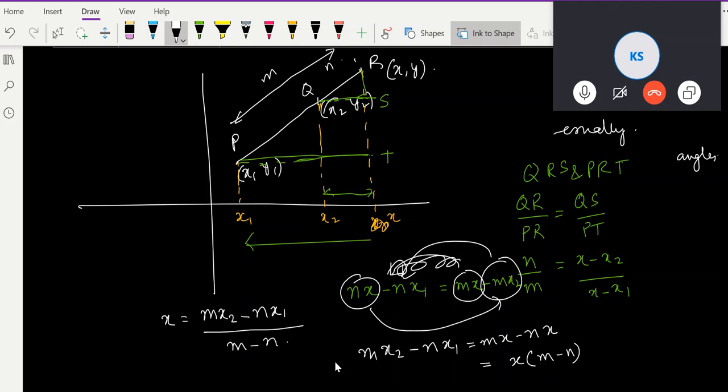So the second point, which is x2, will get multiplied by the distance of P to R. The coordinate of Q multiplied by the distance from P to R, minus the coordinate of P into the distance of Q to R, n x1.